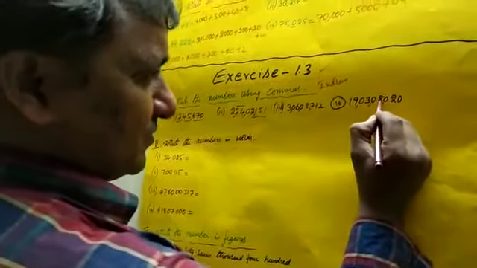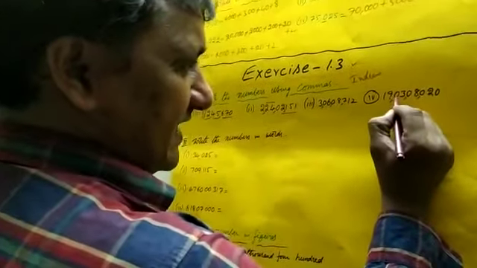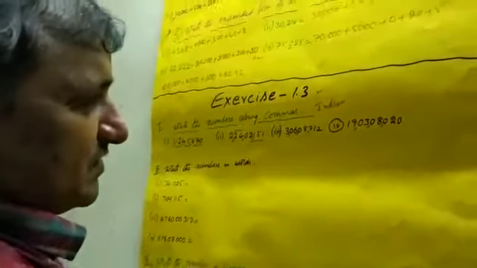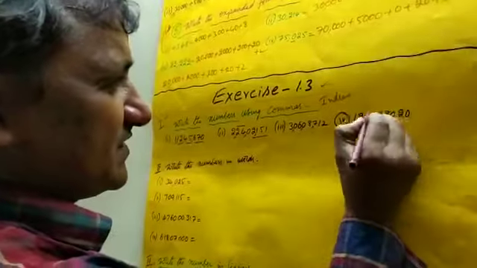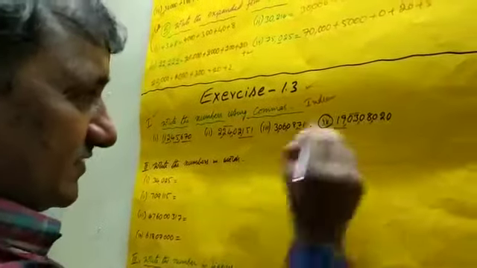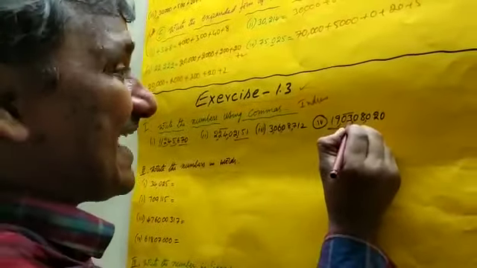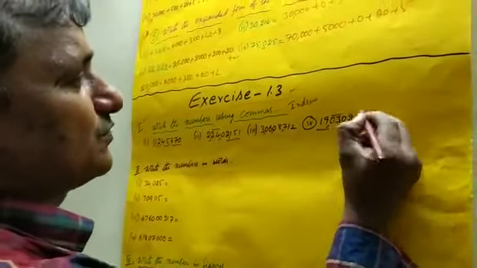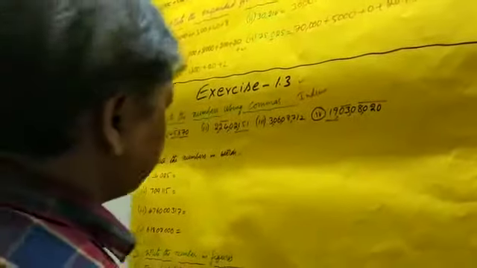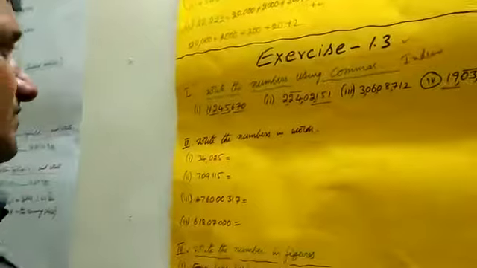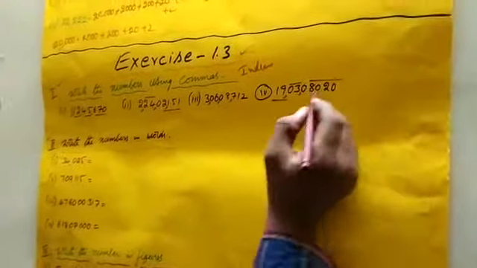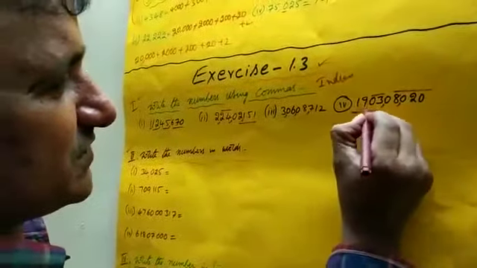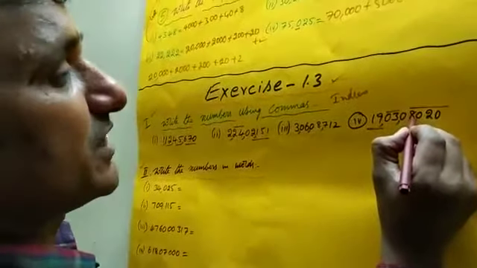Ones, tens, hundreds, thousands, ten thousands, lakh, 10 lakhs, crore, 10 crores. 19 crores, 3 lakhs, 8,020. Sorry, I forgot this one.